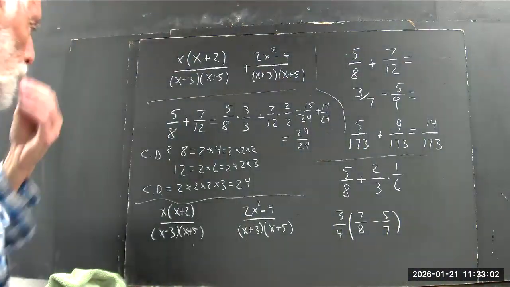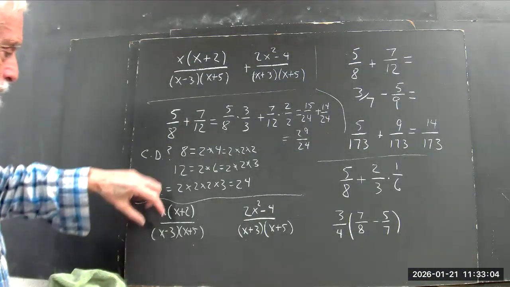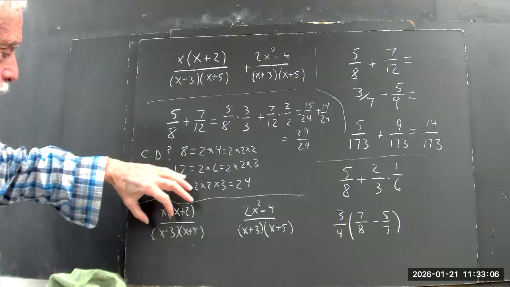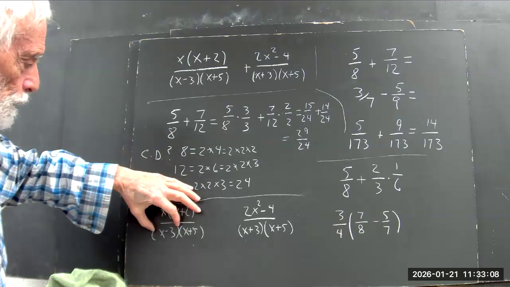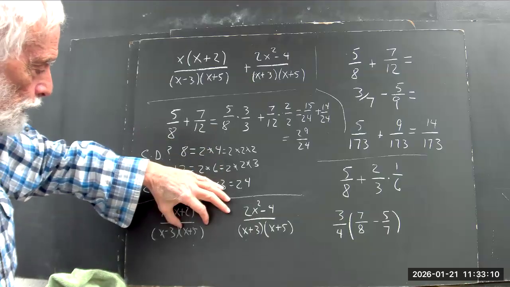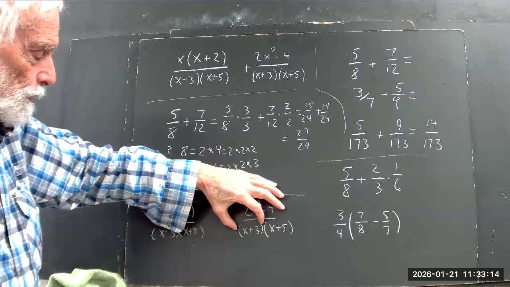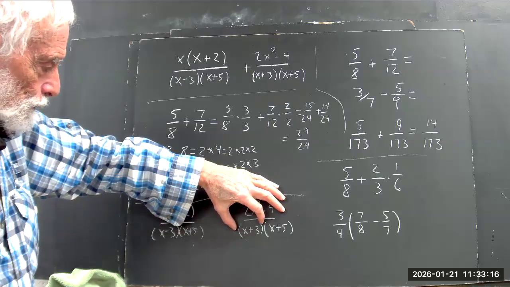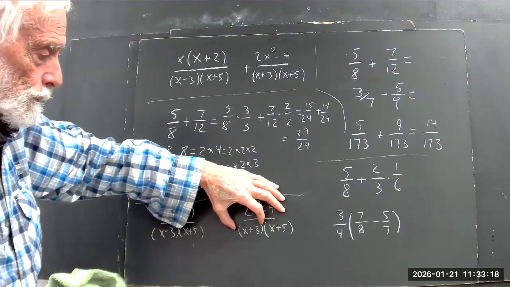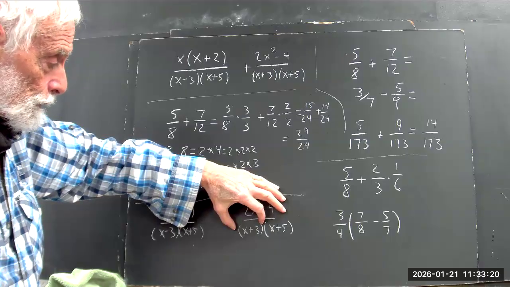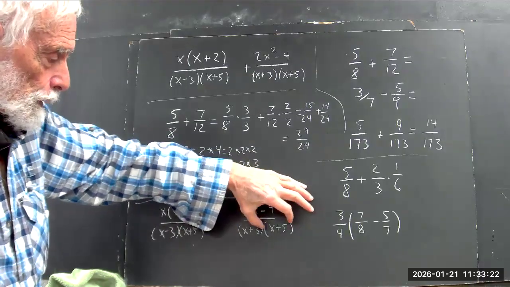Okay, so the first denominator has factors quantity x minus 3 and quantity x plus 5. In the second expression, the denominator has quantity x plus 3 and quantity x plus 5.